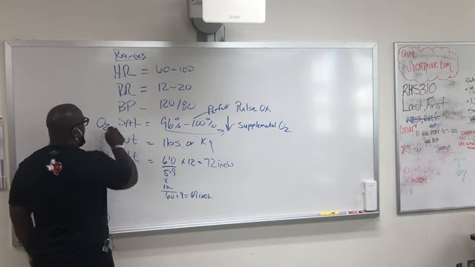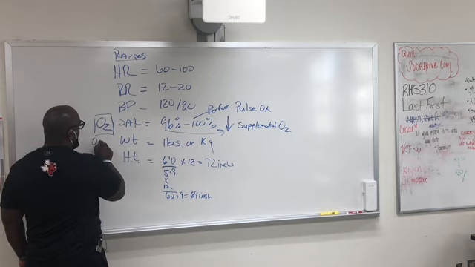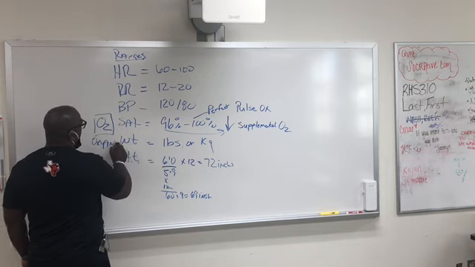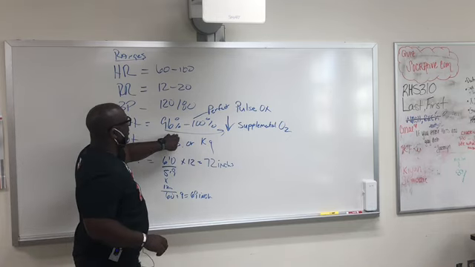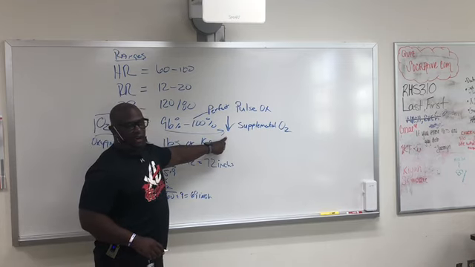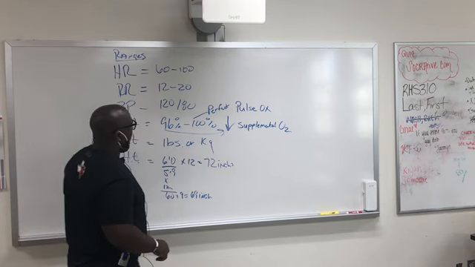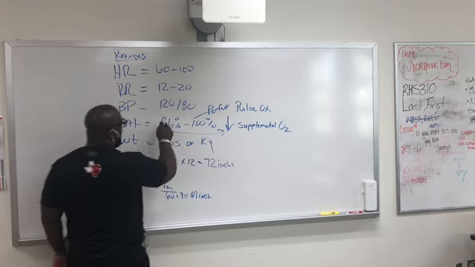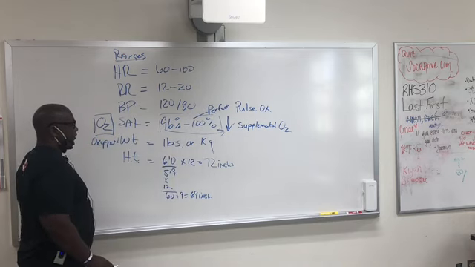O2 saturation. Remember, this is oxygen, the amount of oxygen in the blood. Our range is 96 to 100%. Anything less than that, a person needs supplemental oxygen. But 96 to 100, sometimes 95 depending on the book, will be perfect.